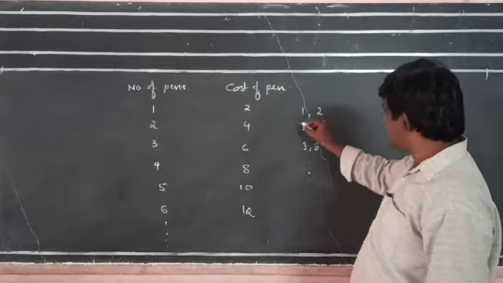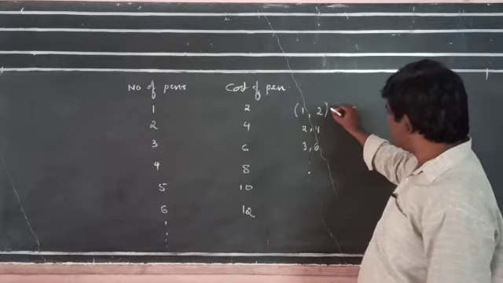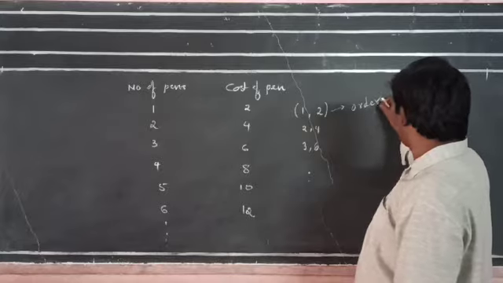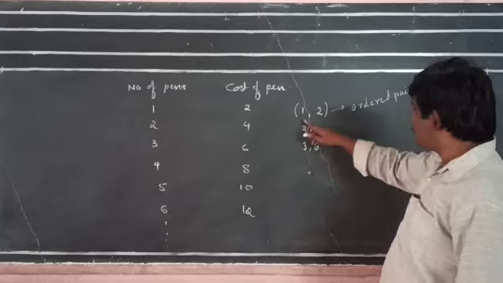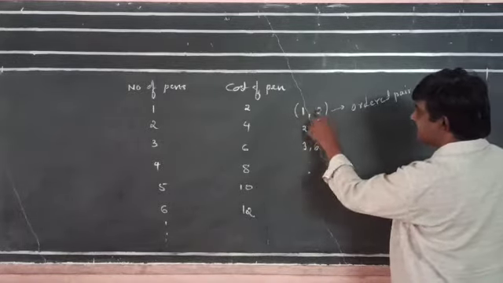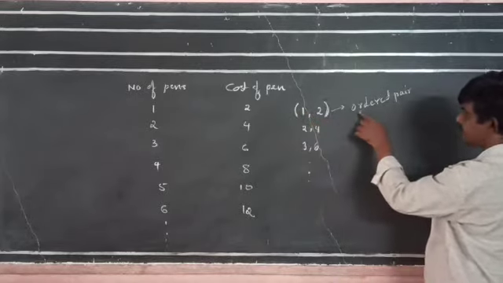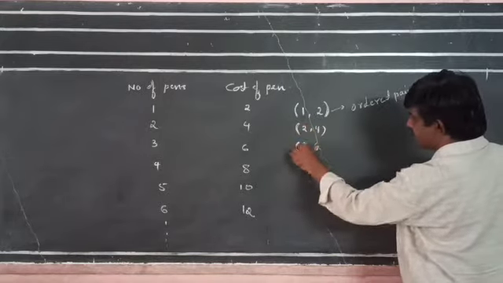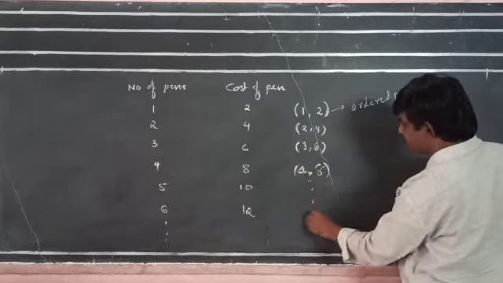If we keep this pair in round brackets, then it is named an ordered pair. Whatever the relation, if we keep the pair in a round bracket, it is considered an ordered pair. So this is 2 comma 4, this is 3 comma 6, this is 4 comma 8, and so on.